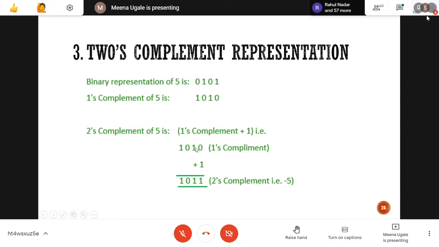So this is my 2's complement of number 5, which is representing my number -5. Got it? How 2's complement is calculated? Calculate first 1's complement by inverting the bits and then add only value 1 into that. You will get 2's complement of any number.